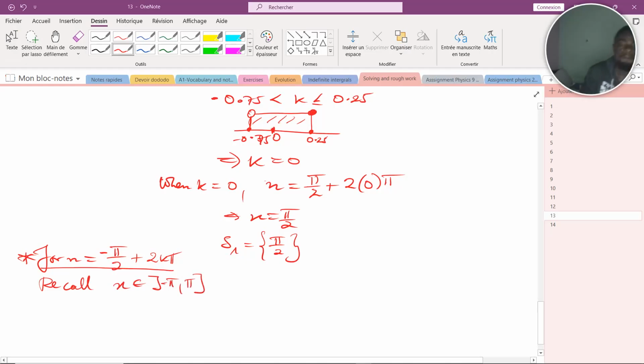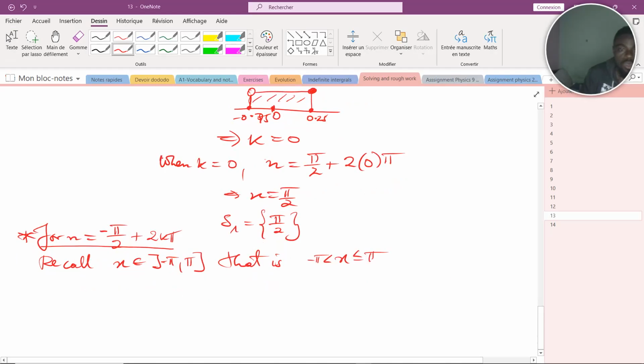That is, x must be strictly greater than minus pi but less than or equal to pi. I'll take this x and substitute it here. So this implies minus pi on 2 plus 2k pi is strictly greater than minus pi but less than or equal to pi. Is that okay?